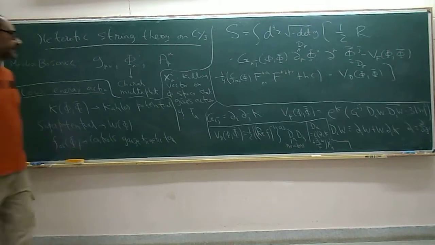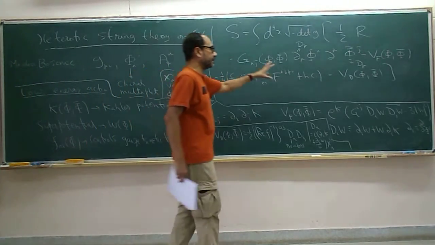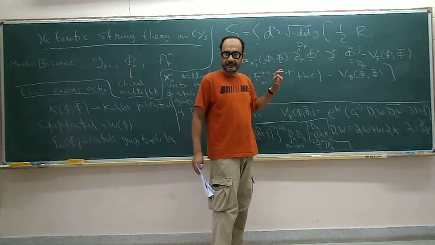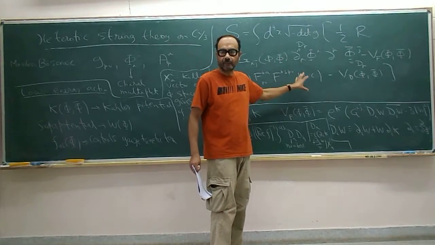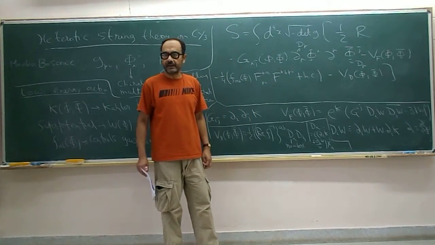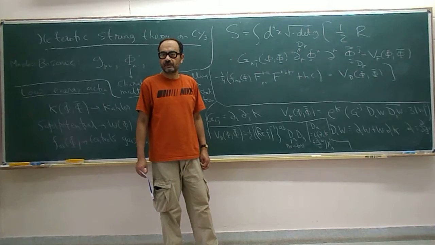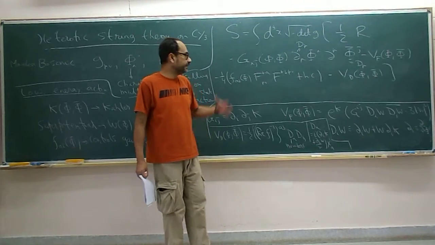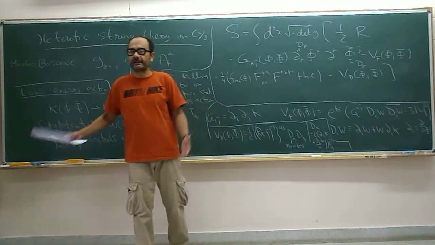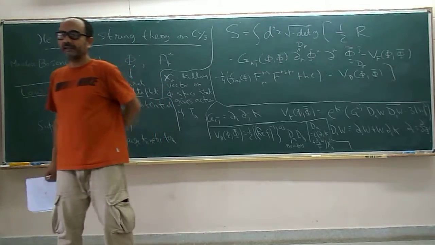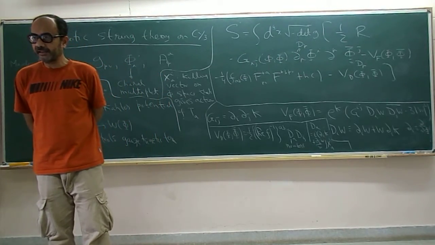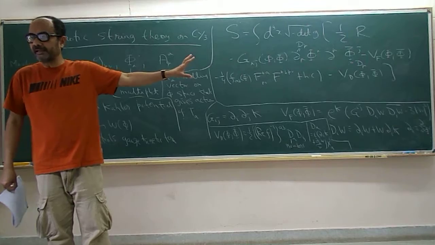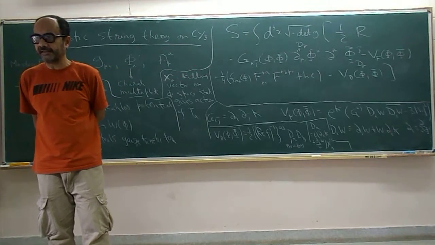So the point is, as long as you are dealing with scalars and vectors, this is a general structure of two-derivative terms that you can write down. What you are asking is maybe this G_ij of phi, this phi space, has more interpretation. Maybe it's a fiber bundle or something like that, which can happen. But you are not using that in this structure here.